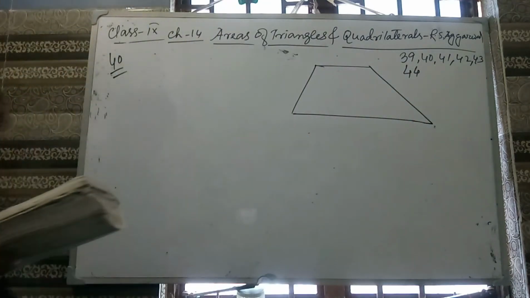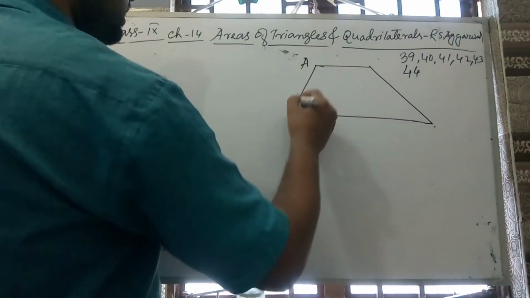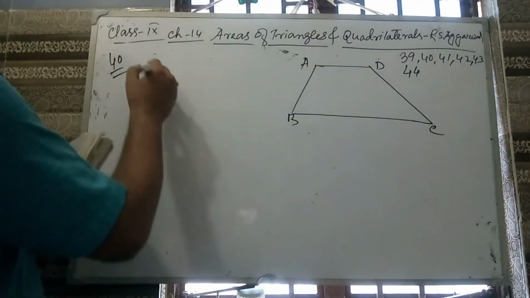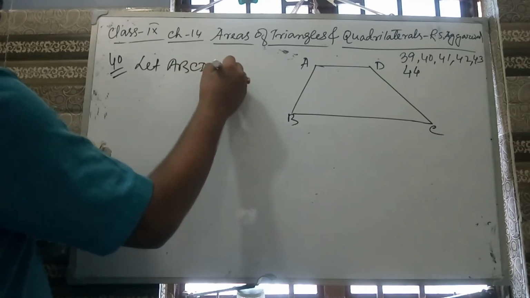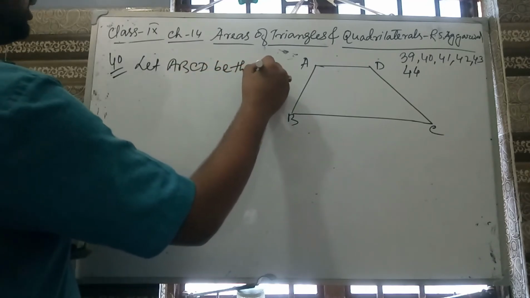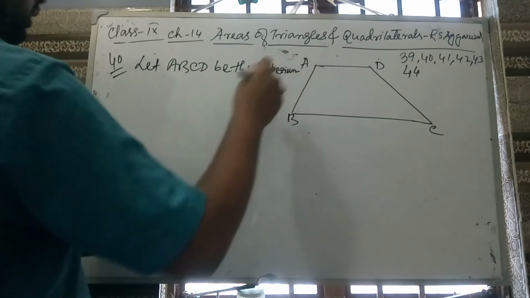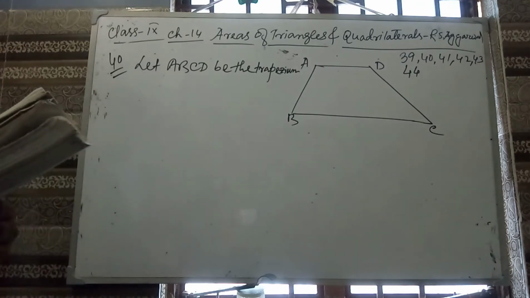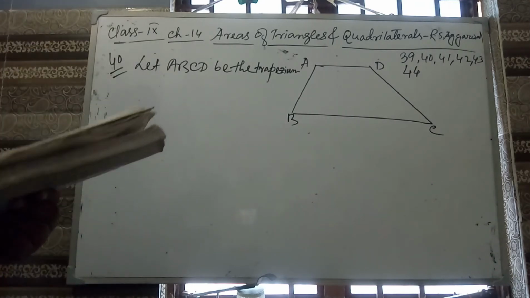Let this one be the trapezium. Let us name it ABCD. So write down, let ABCD be the trapezium. Next, what is given? The difference between the lengths of the parallel sides of a trapezium is 8 centimeter.